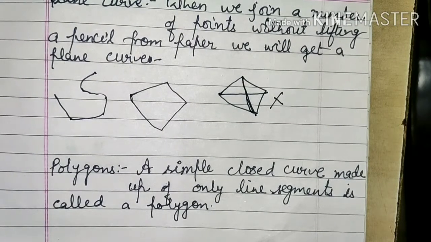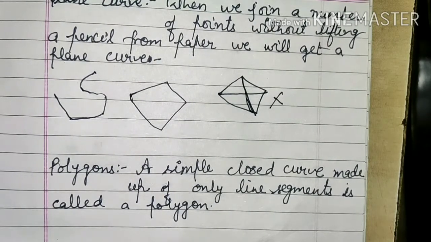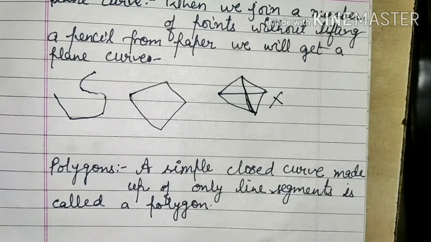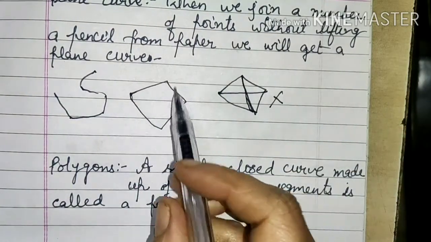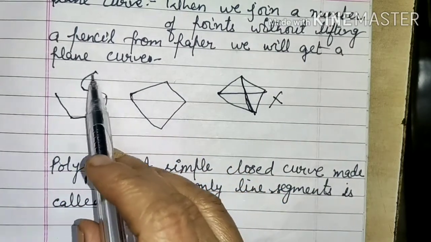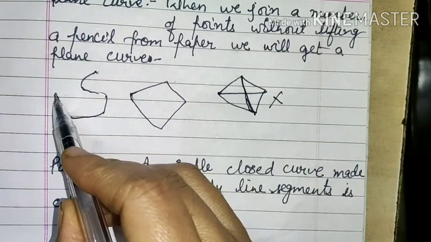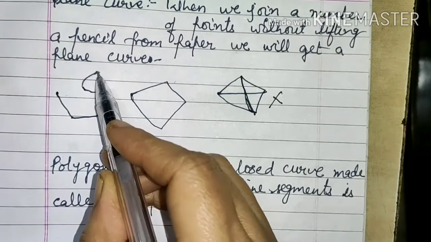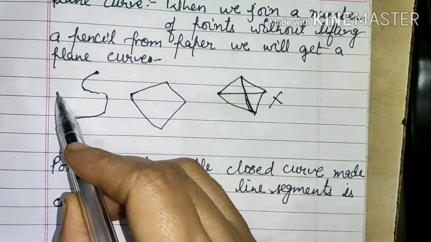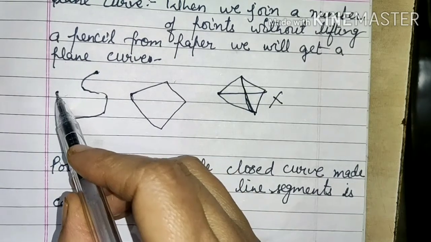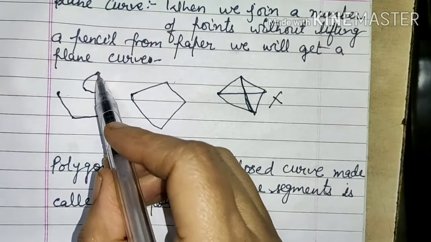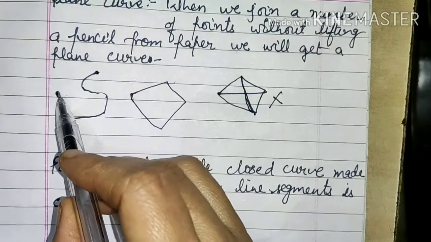What do you mean by polygon? First of all, closed and open curves. This is your closed curve and this is your open curve. In an open curve you can identify the initial point and the final point, that is, the starting point and the end point.